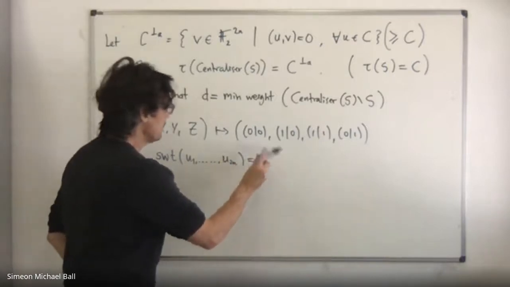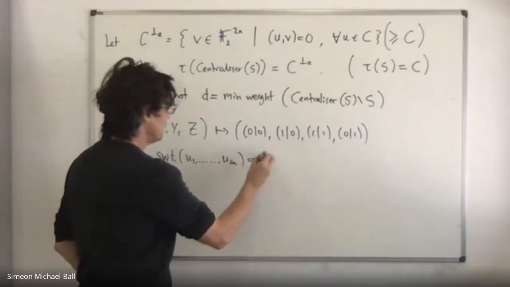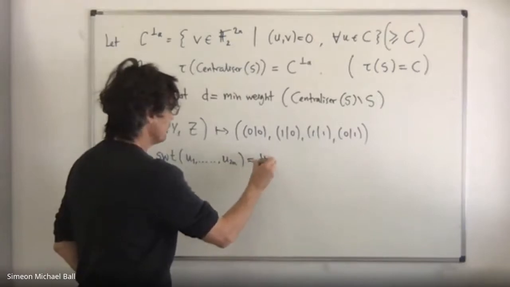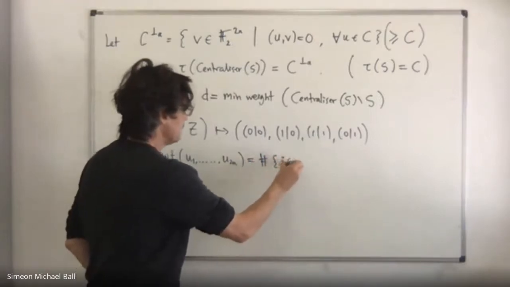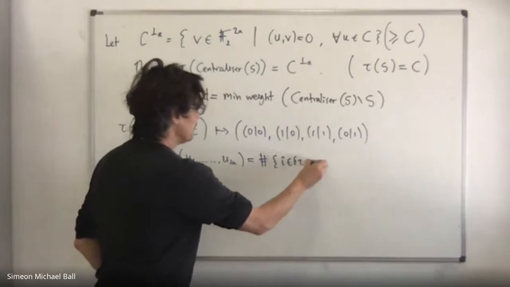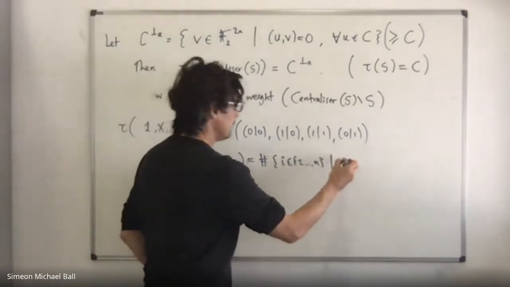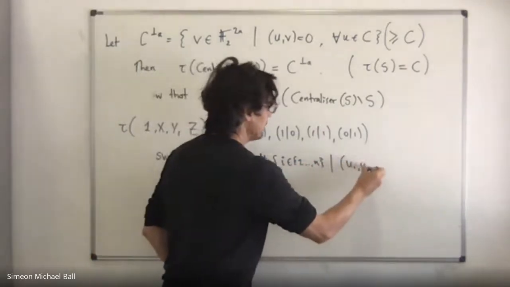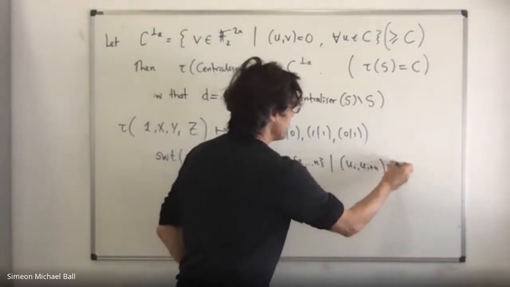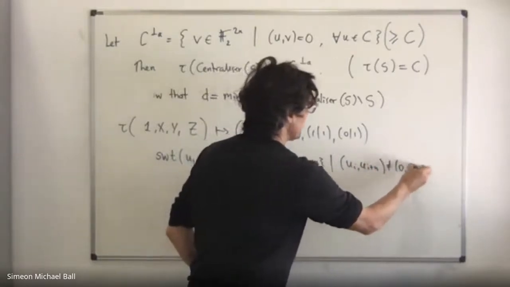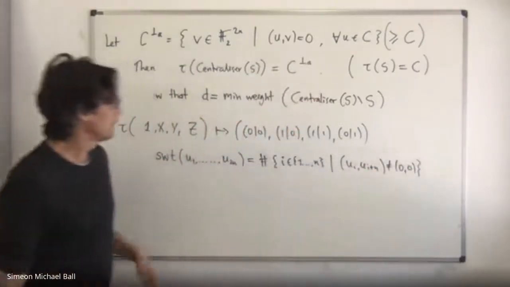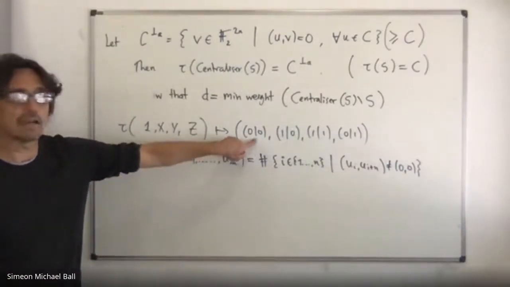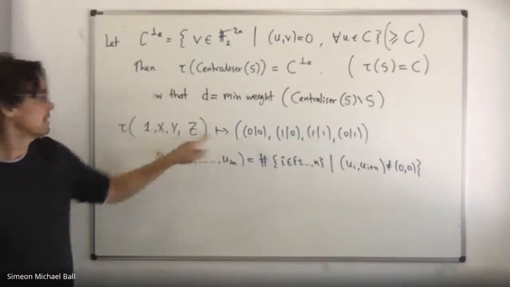is equal to the number of the sets i in 1 to n where (u_i, u_{i+n}) is not equal to 0. Okay, so these are the only things that don't count towards the weight, because the x, y, z count.